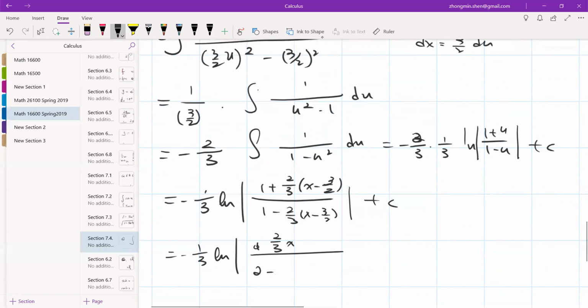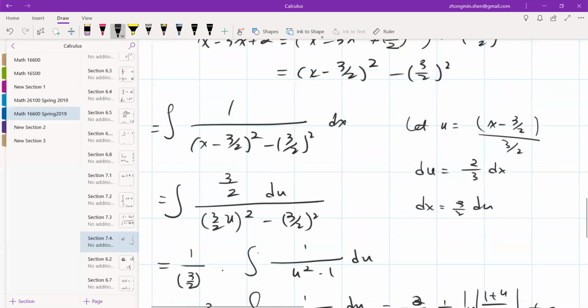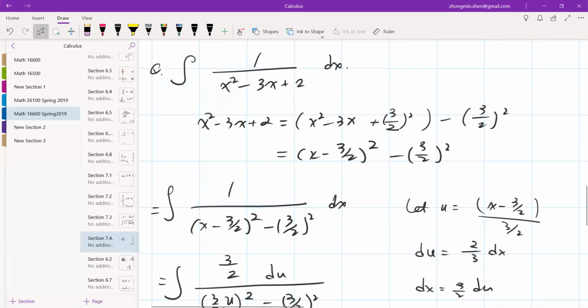Then this will be 2 minus 2 over 3 x and plus constant. Oh, wait a minute. Did I forget 2 here? Forgot 2 here. So I don't make too much change here. I just forgot 2. Otherwise, this is what we got here.